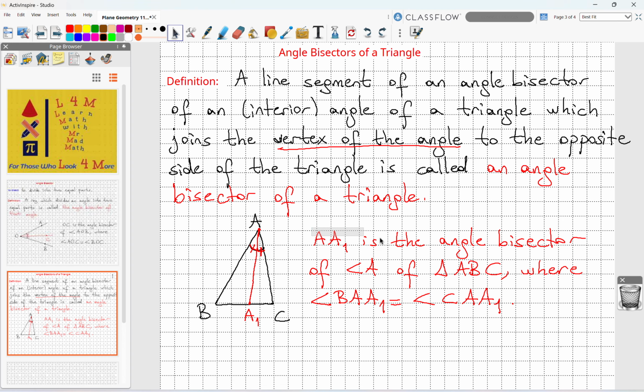Okay, so lastly, since a triangle has three angles, we must have three angle bisectors, one for each of the angles A, B, and C. And similar to medians, we will state only in this lesson that the angle bisectors of a triangle also intersect at one point.